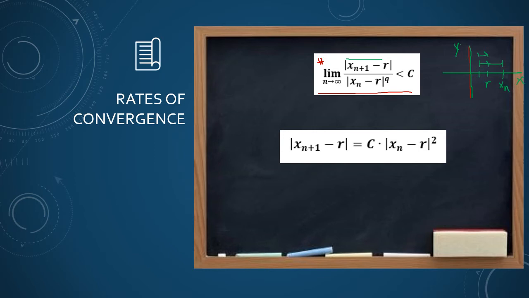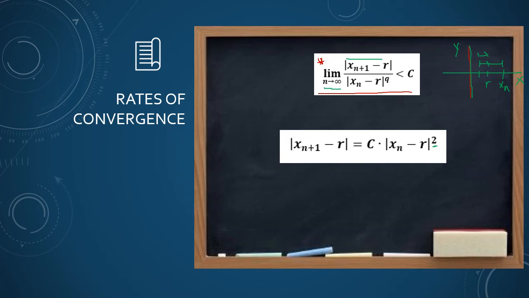And q is just a number greater than 0, like 1, 2, 3, 4. But for quadratic convergence, q is equal to 2. And rearranging this equation, the limit as n goes to infinity.